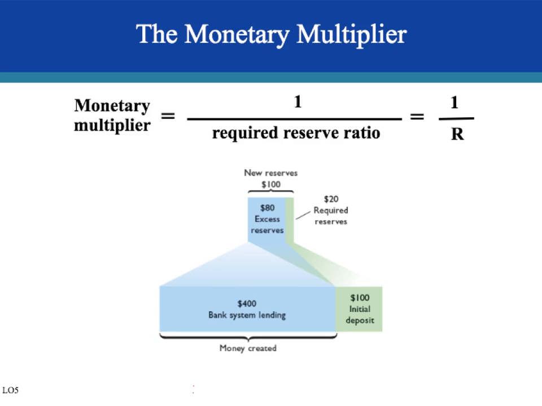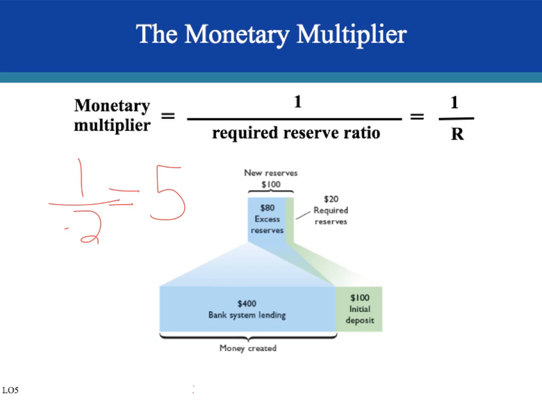Okay, and so we don't have to sit here and do all this tedious math. There's a shortcut, and this is called the money multiplier. And this is 1 divided by the required reserve ratio. So in this past example, it was 1 divided by 0.2. Okay, and we get 5. Right.